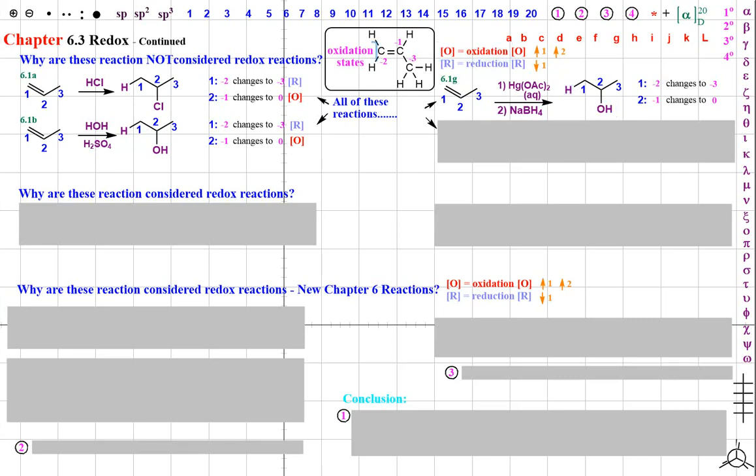Oxidation went from -2 on carbon 1 at the end to -3 for the carbon here with 3 H's. Middle carbon started at -1, went to 0 because you replaced a CC pi bond with a bond to a more electronegative O. We say the carbon on the left became reduced. Carbon on the right became oxidized.